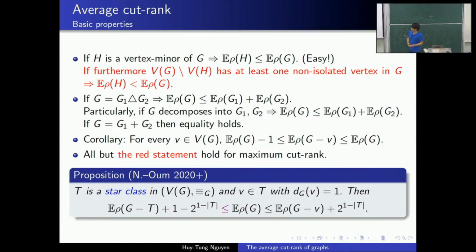And a proposition by myself and Professor Oum says that if T is a star class in this equivalence relation, and V is in T such that the degree of V in G is 1, then we have this inequality. Let me explain a bit about this inequality. It is a good thing about the average rank because it aligns pretty well with that equivalence relation.